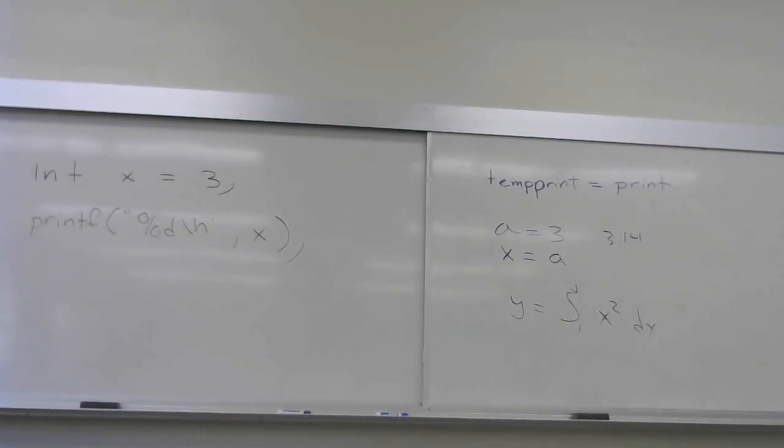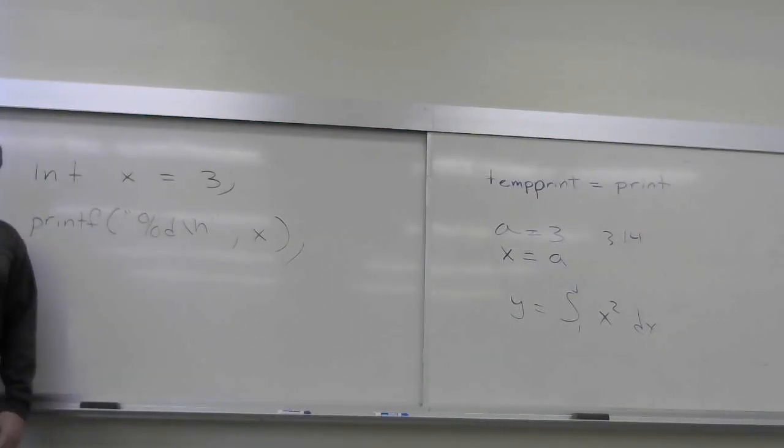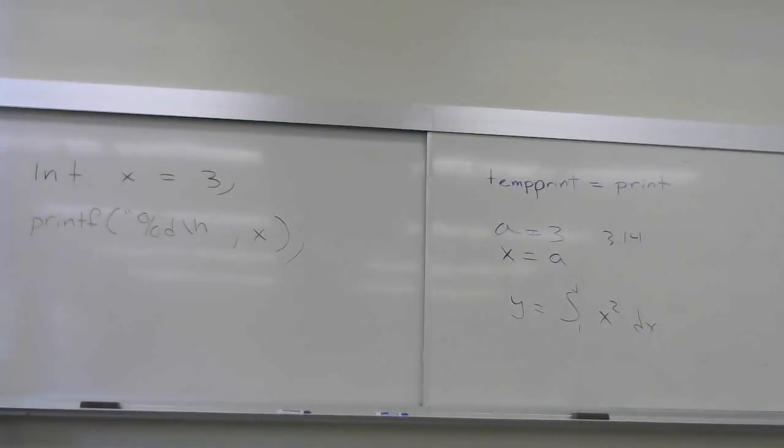Those are two pretty common instructions, relatively straightforward, right? What does it do? It doesn't print X as 3, it just prints the value 3. Oh, okay, yes, you're correct there.